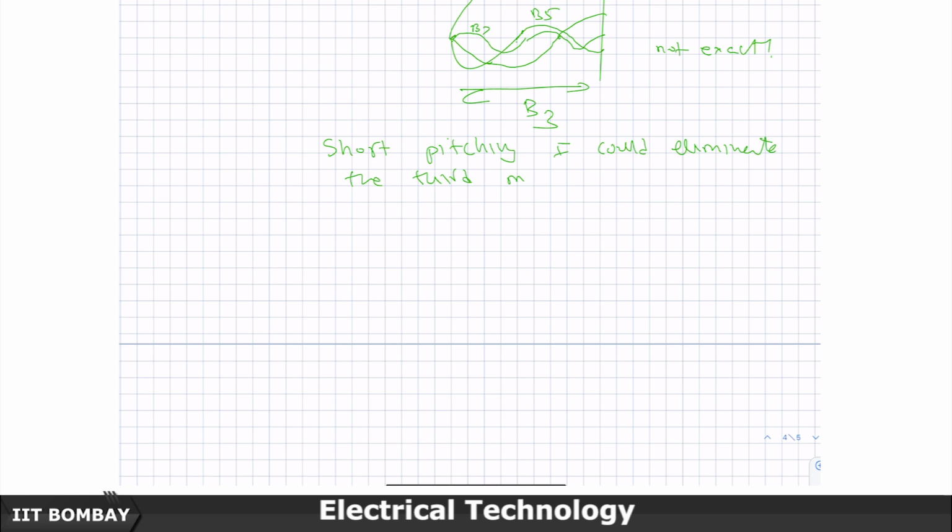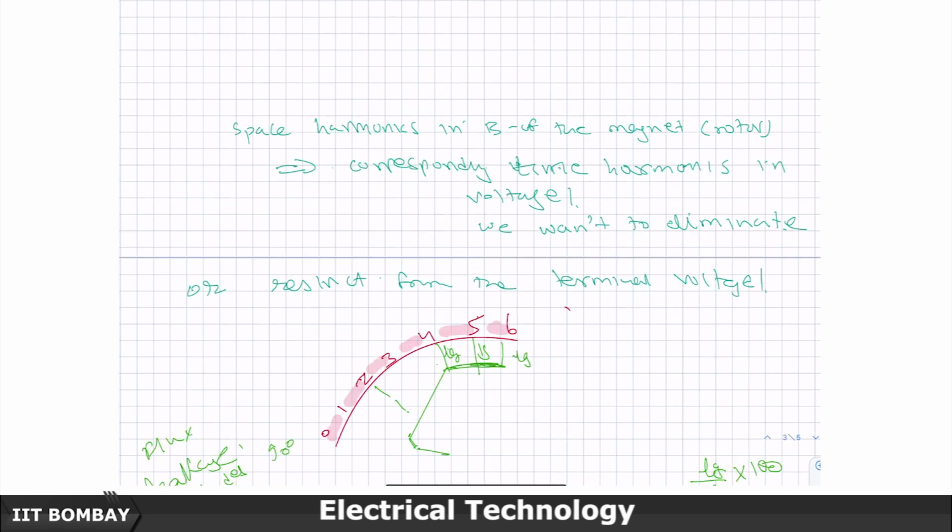So, my voltage waveform will come closer to an ideal sinusoid. Short pitching is basically done to do this. Now, let us understand the short pitching concept clearly.